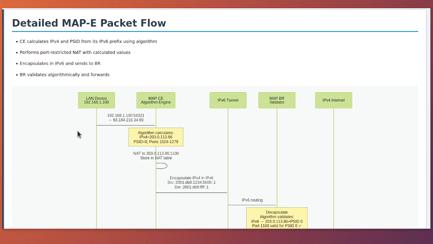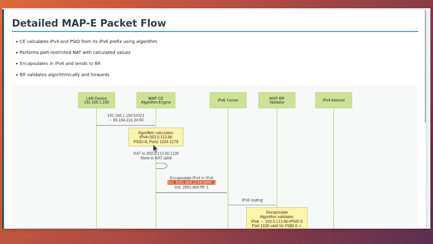Let's trace a complete packet flow through MAP-E to understand the detailed processing at each step. Consider a customer who has been assigned the IPv6 prefix 2001:DB8:1234:5600::/56.